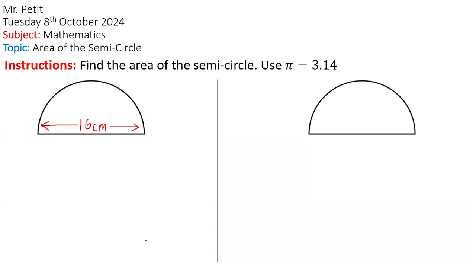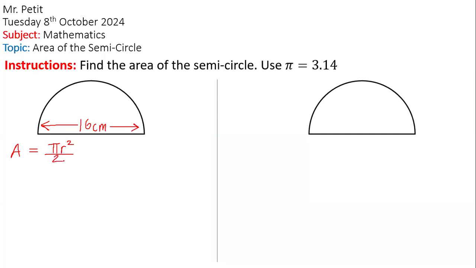Now, what is the formula for the area of a semicircle? Anyone can remember? Pi r squared divided by 2. It's going to be equal to pi r squared divided by 2. Very good.